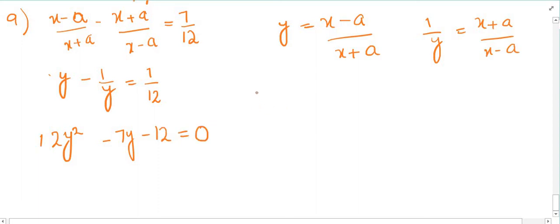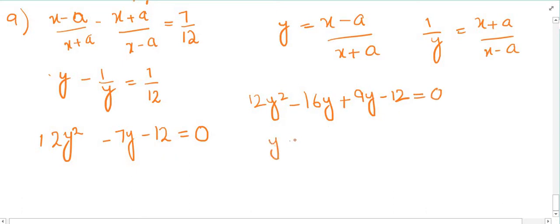AC is 144 and the roots are minus 16 and plus 9. Minus 16, that means 12y square minus 16y plus 9y minus 12 equals 0. So the values for y are 4 by 3 and minus 3 by 4.